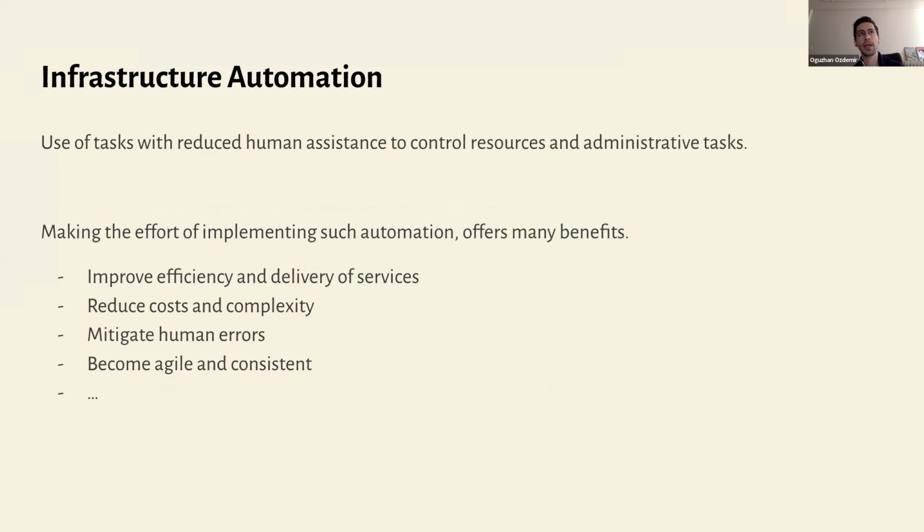So when we say infrastructure automation, we mean the things that we implement to reduce the human assistance of any task that touches your infrastructure. So on your cloud infrastructure or your on-prem servers, there will be tasks that will be handled by machines, scripts, and applications. Those are what we are going to talk about.